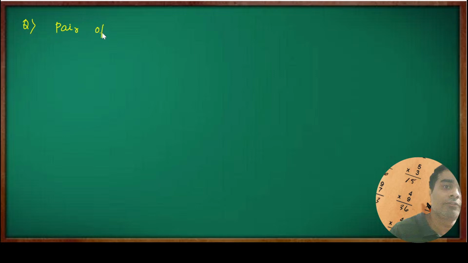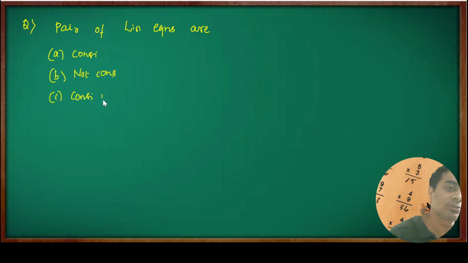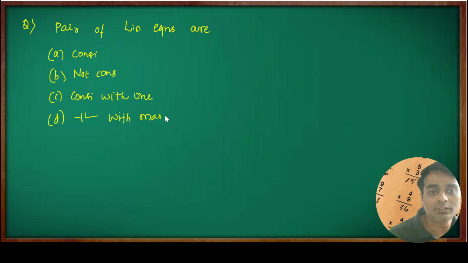Options given: consistent, not consistent, then consistent with one solution, then consistent with many solutions, okay. So what are the equations given to you?